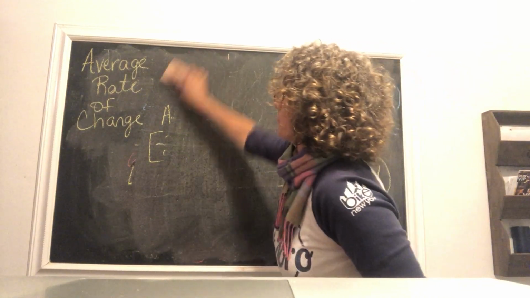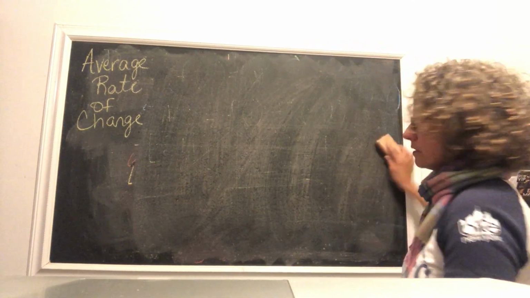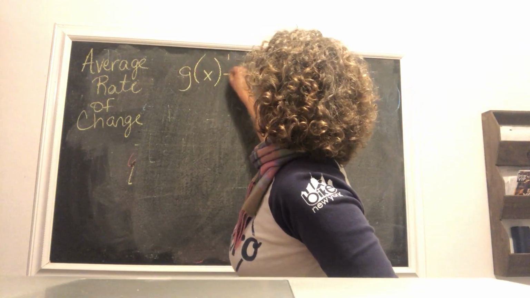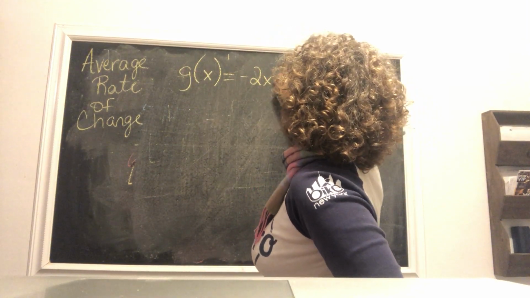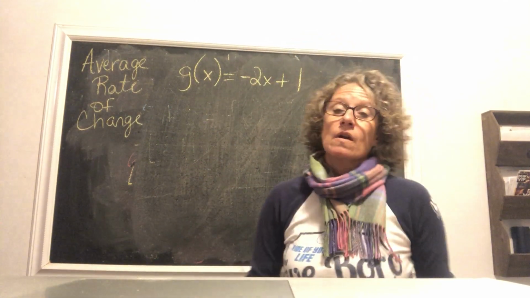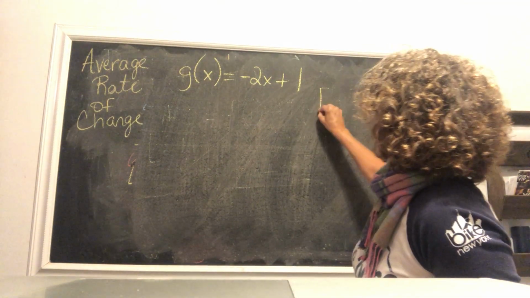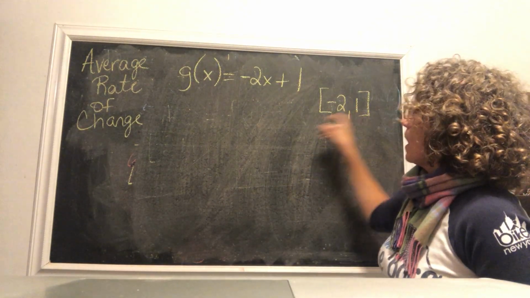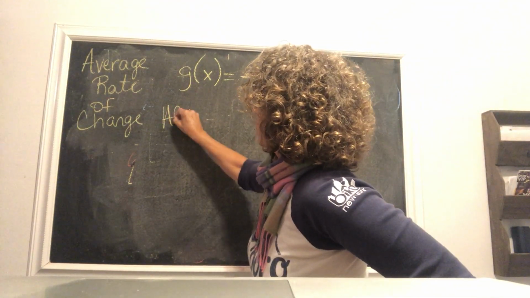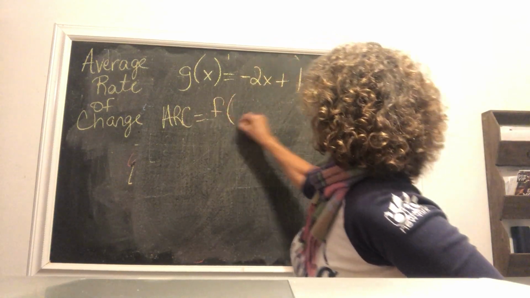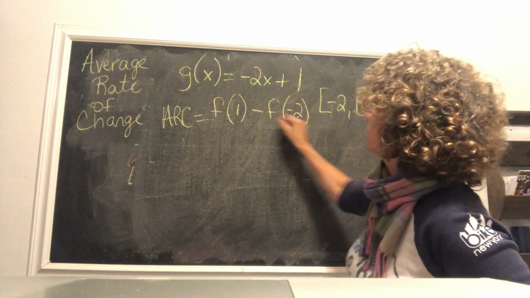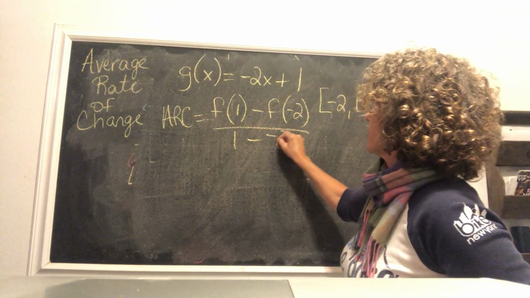Okay, so let's take something very simplified. If I have another function, g at x equals negative 2x plus 1, and I want to calculate the average rate of change on the interval negative 2 to 1 again, I'm going to use my ARC formula, f at 1 minus f at negative 2 divided by 1 minus negative 2.